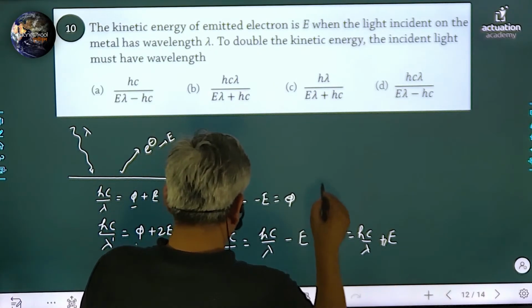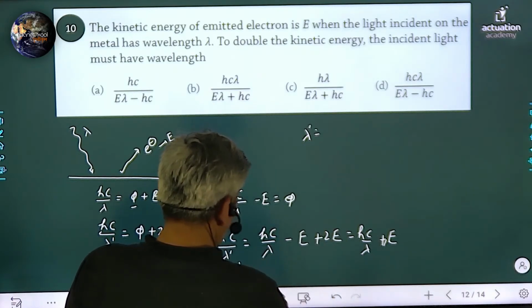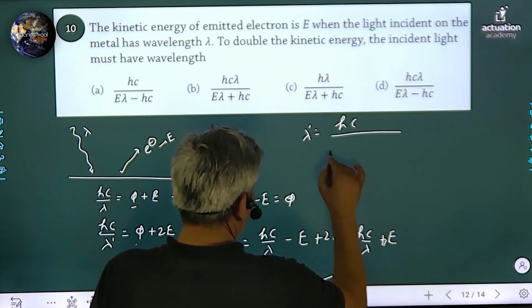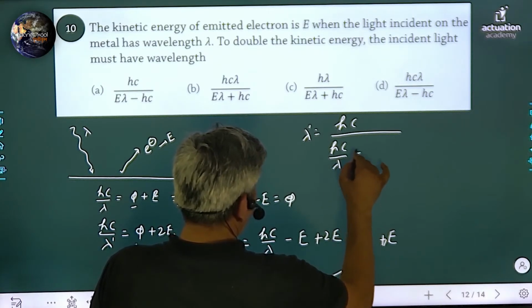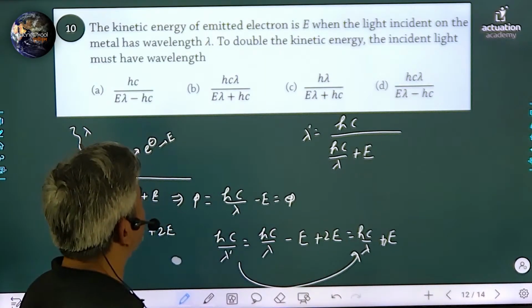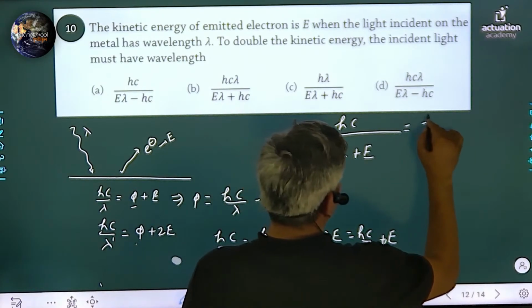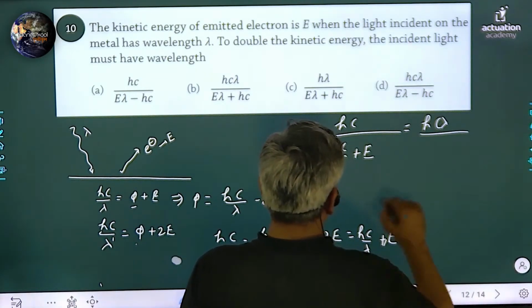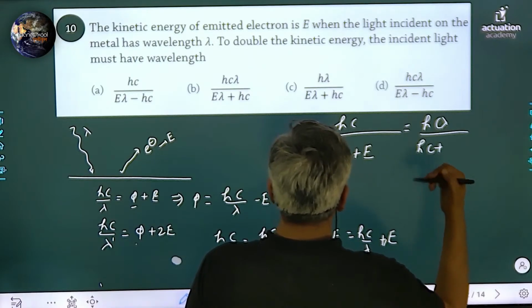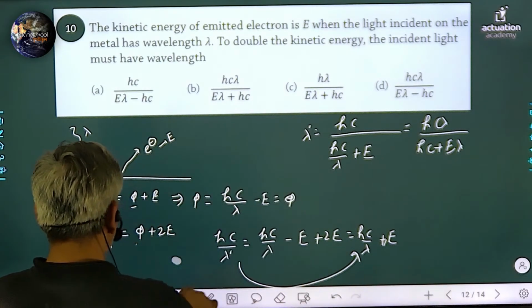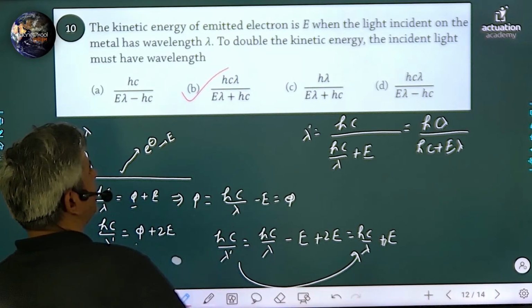Cross multiplying and dividing again, lambda dash is hc divided by hc over lambda plus E, and this gives us hc lambda over hc plus E lambda. So this is option number B here.